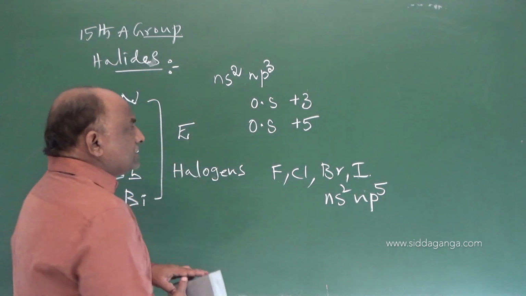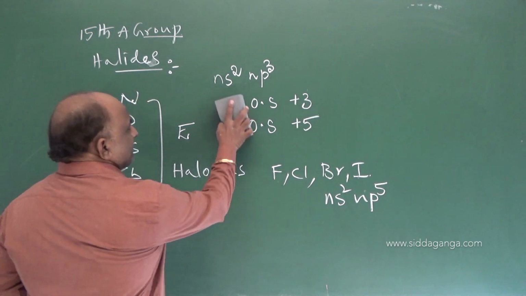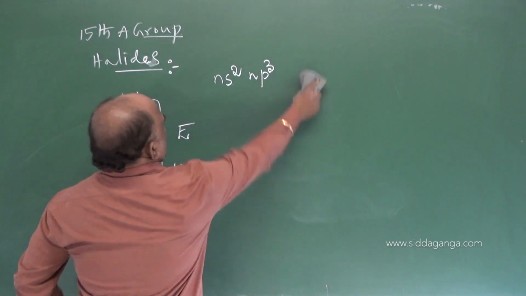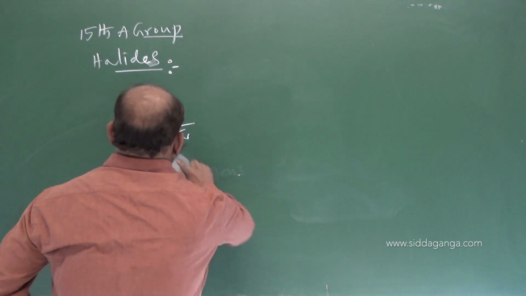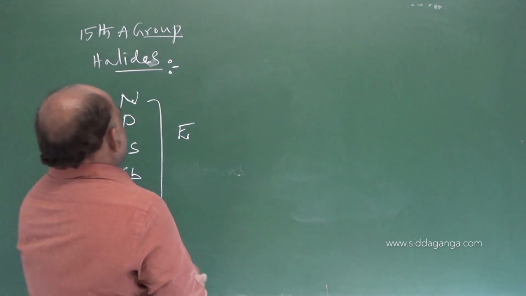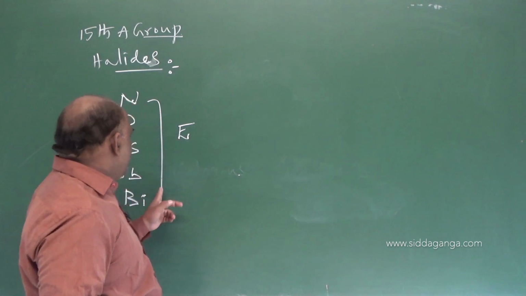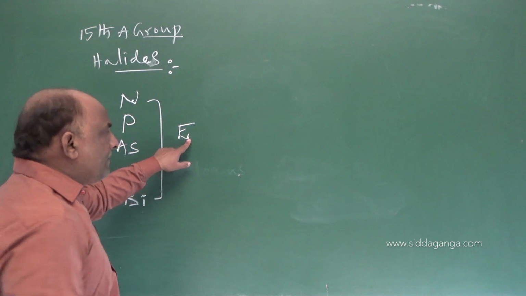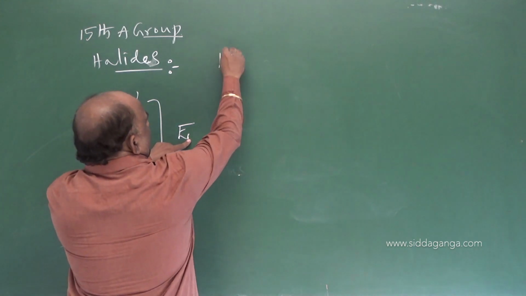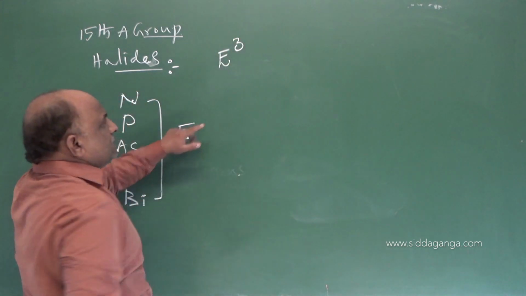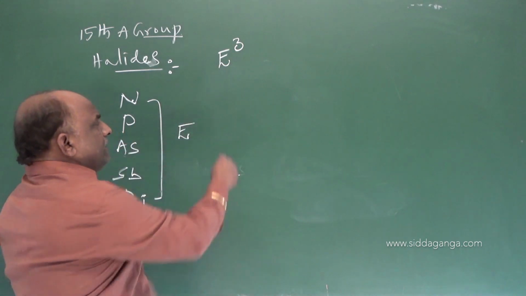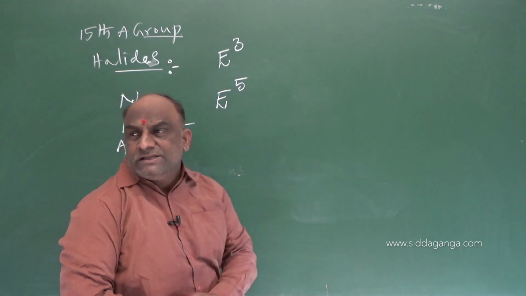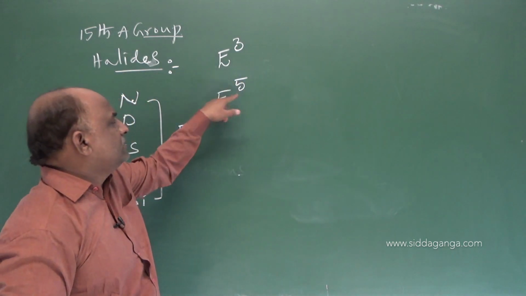So nitrogen, phosphorus, arsenic, antimony, bismuth are denoted by E, and E is available in the +3 oxidation state and the +5 oxidation state.